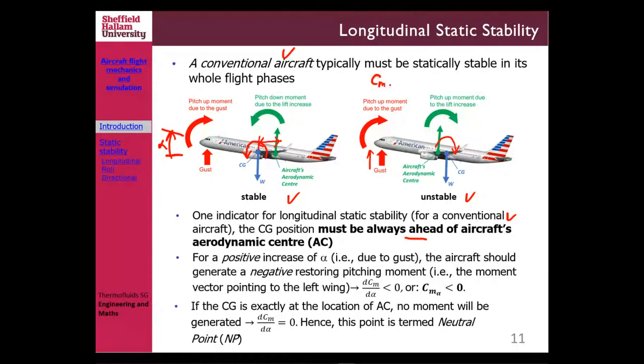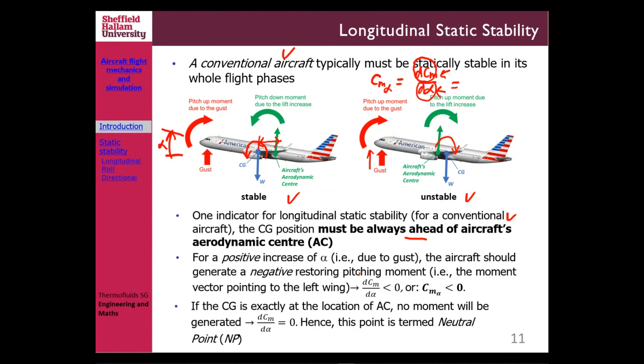We talk about Cm alpha, which is dCm d alpha. That is the mathematical expression. In layman's terms, it is the change of pitching moment due to the change of alpha. So if alpha changes positively, then Cm should change negatively to give a tendency of pitching down.